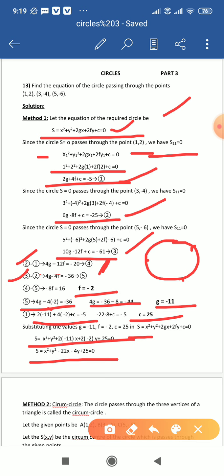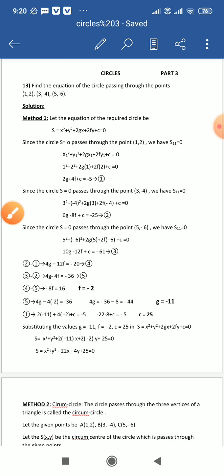Substitute that value in the two equations in terms of g and f. We have another value. Substitute these values of g and f in either 1 or 2 or 3. So we have the value of c. Substitute the three values in the equation s is equal to 0. We have our required circle. This is very important for 7 marks. Okay, this is one method.